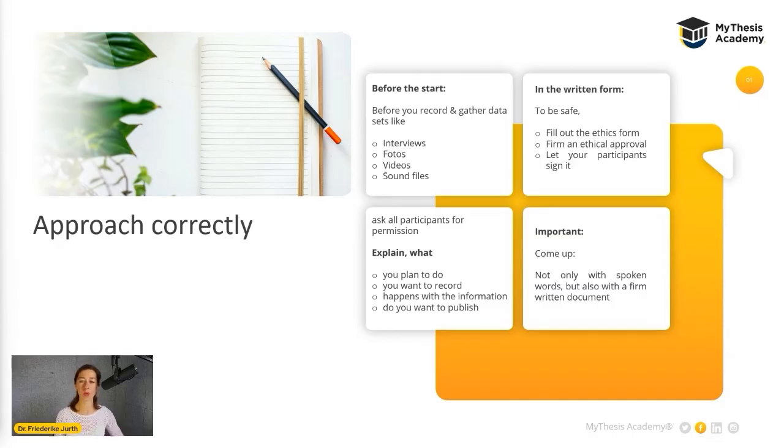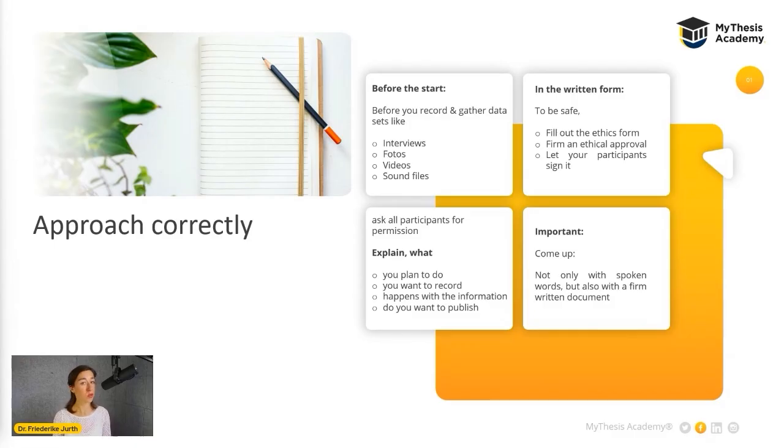So here we are getting back to the question of why something is important, what happens with the information, and which part you want to publish, and also in which way.